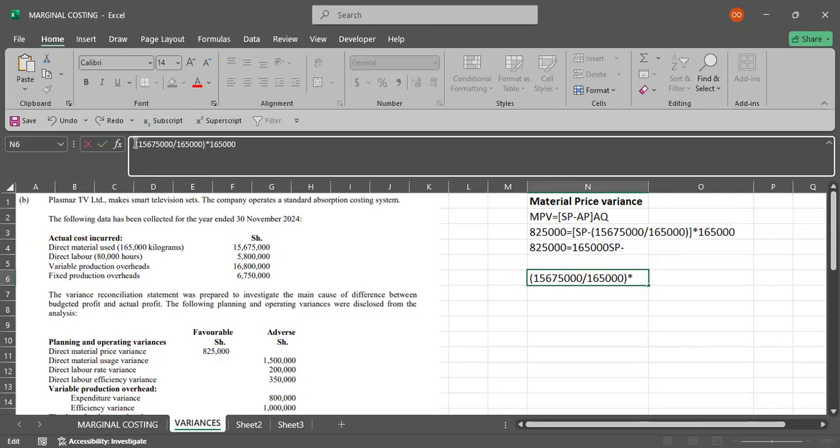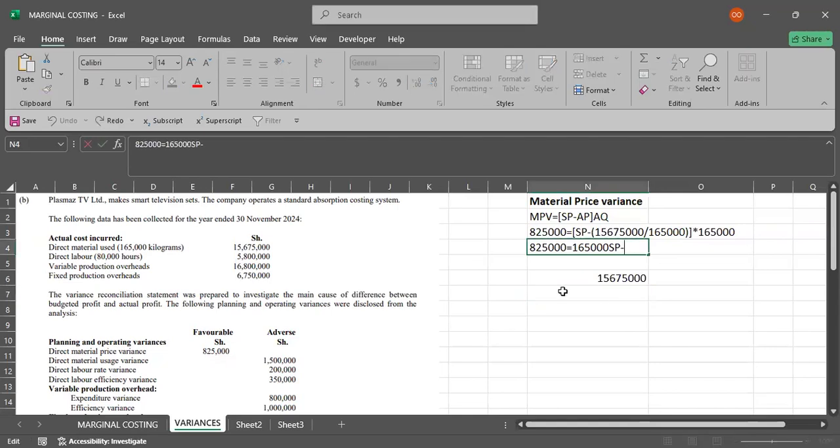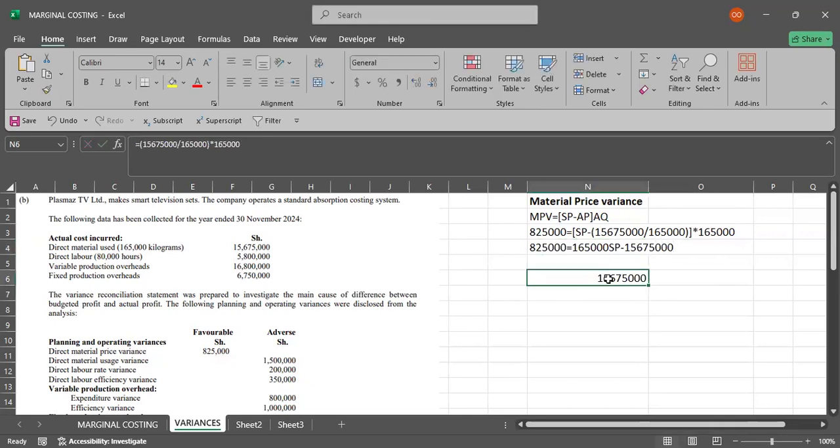If I do that, are you getting 15,675,000? Are you getting the same figure? Great. So that is what we need to bring here, that is 15,675,000.